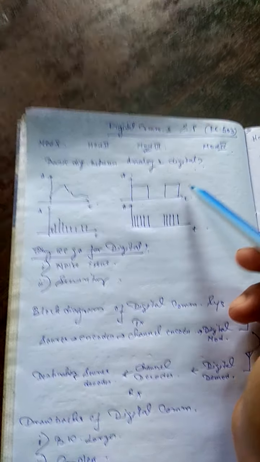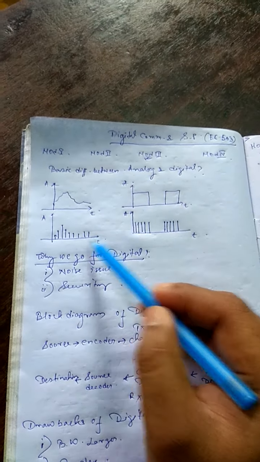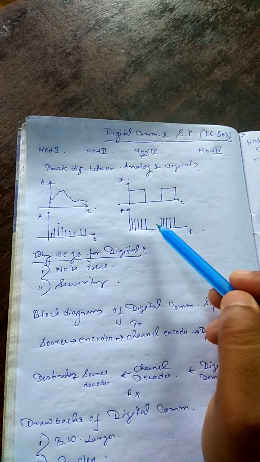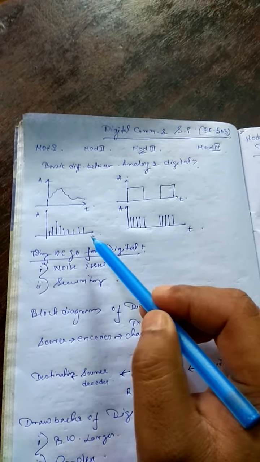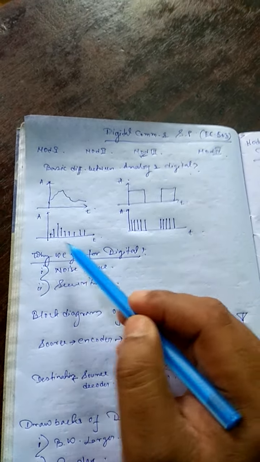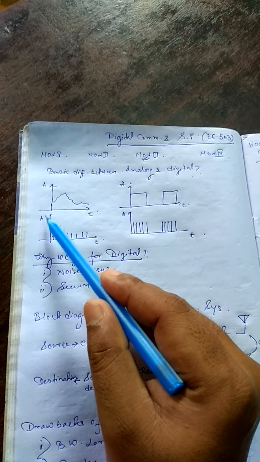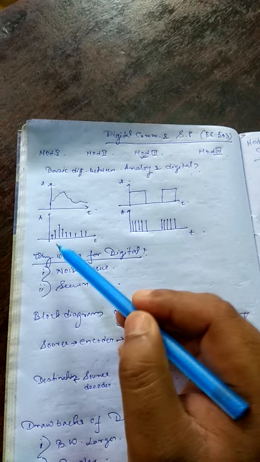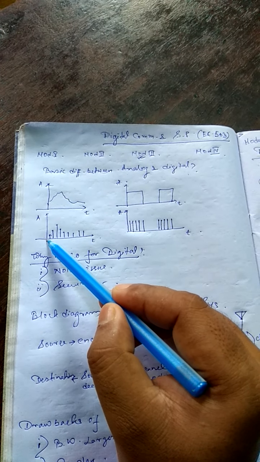Second thing is that this particular figure also describes an analog signal and a digital signal, but both are discrete. Discrete means, suppose this is our y-axis, where we represent amplitude, and the x-axis where we represent time. Suppose this is the 0 point.